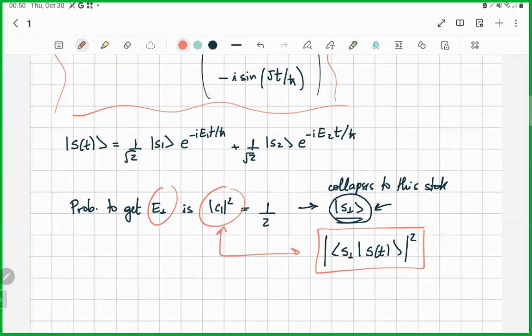Let's check. So this inner product that I'm computing, absolute value square of that is what? Well, let me write my S(t) here. It has two terms. So this is 1 over square root of 2 S1 with the first element there.